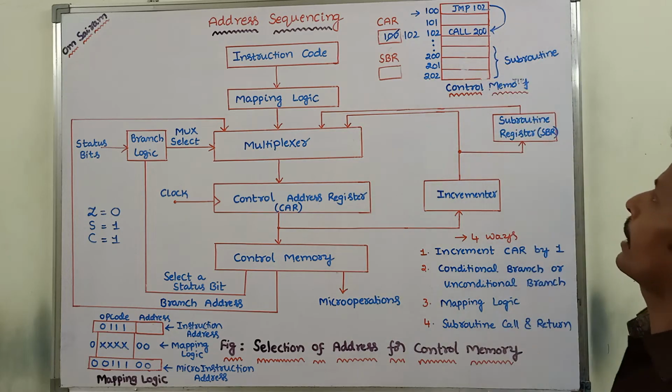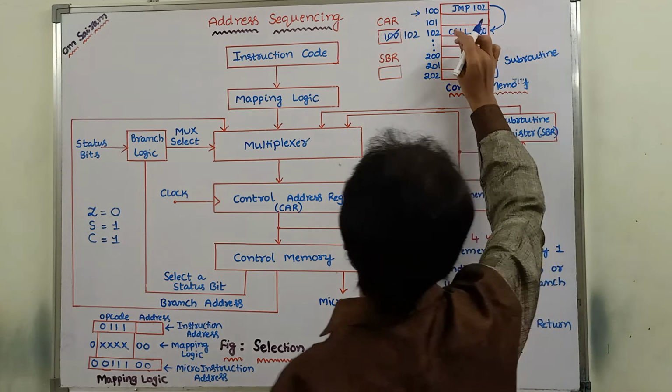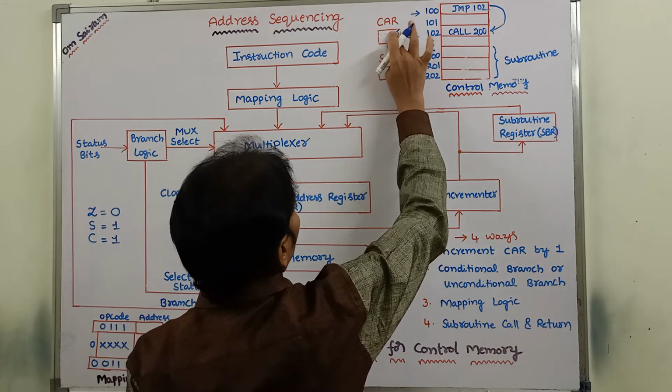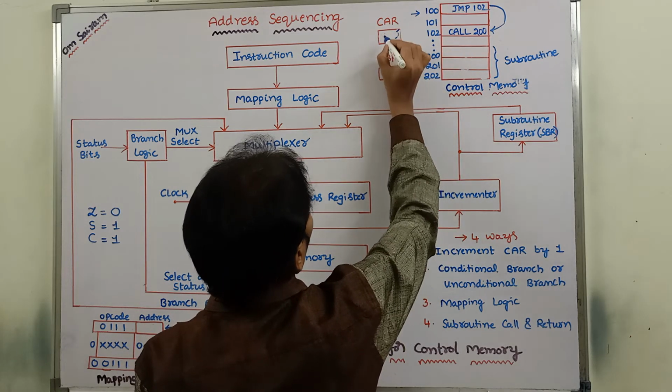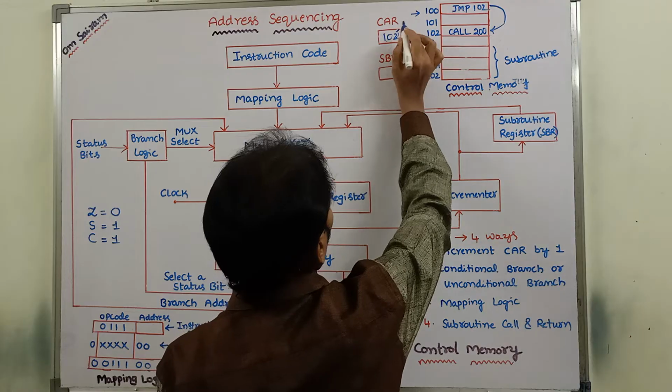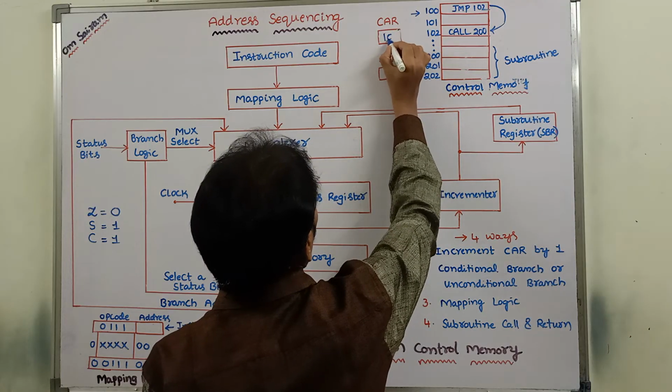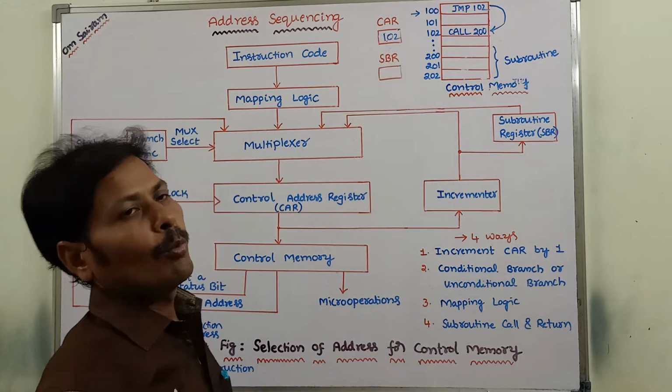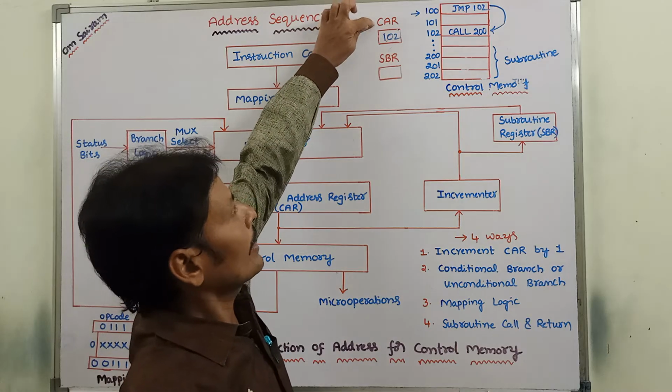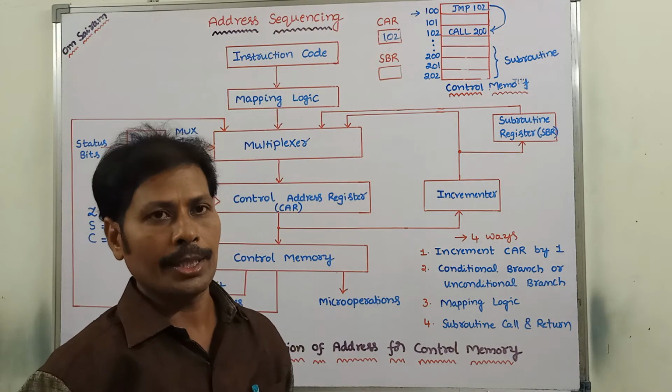Whenever we are executing that instruction, 102 is present in the control address register.